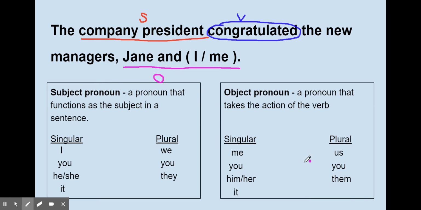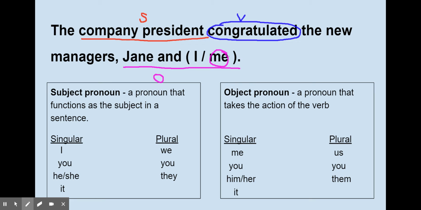So if I look at my two lists here, I need to find a pronoun on the object side that's going to work, and it looks like me is actually going to work. So the company president congratulated the new managers, Jane and me.